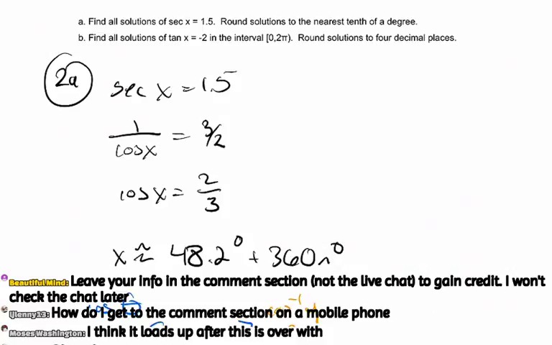So if we said secant of 48.2 plus 360 times 11, just want to evaluate. That's one. Can we?